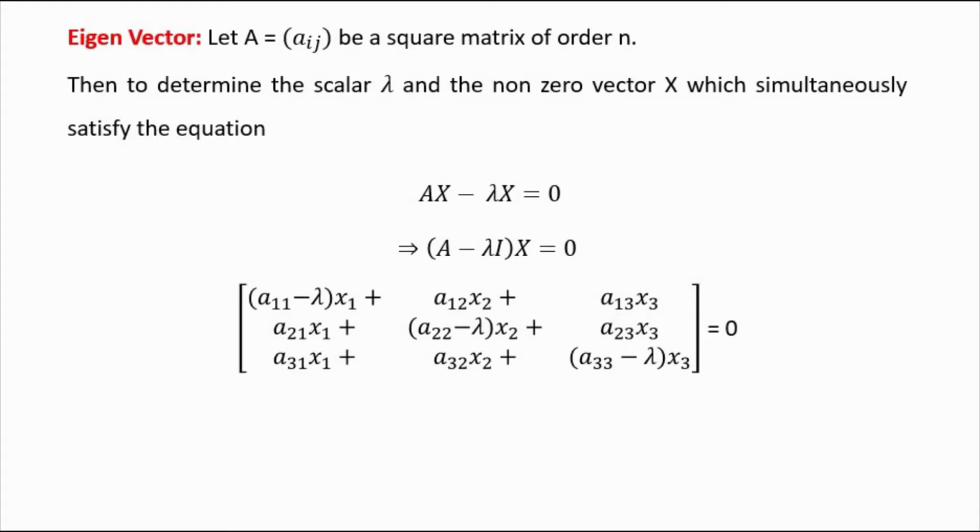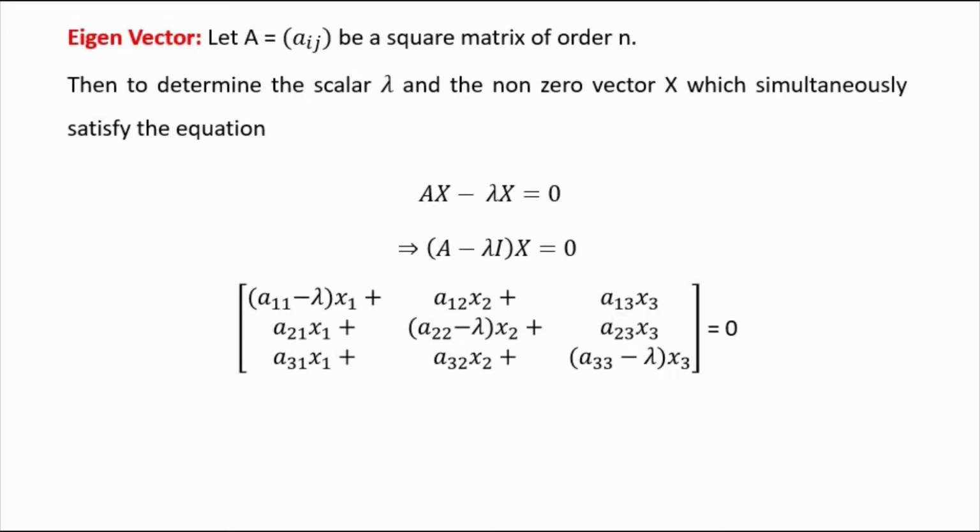If we multiply everything together, we arrive at this matrix: in the first row (a11 minus lambda) x1 plus a12 x2 plus a13 x3, in the second row a21 x1 plus (a22 minus lambda) x2 plus a23 x3, and in the third row a31 x1 plus a32 x2 plus (a33 minus lambda) x3, equal to 0. So this is a 3 by 1 matrix, 3 rows with 1 column.